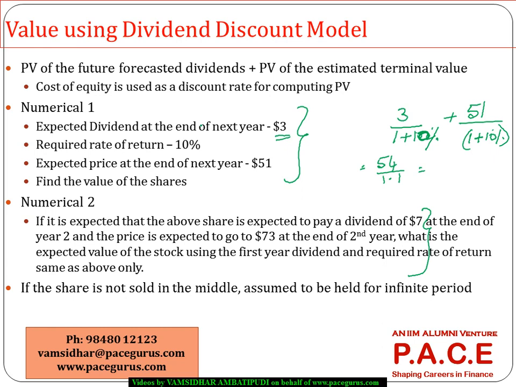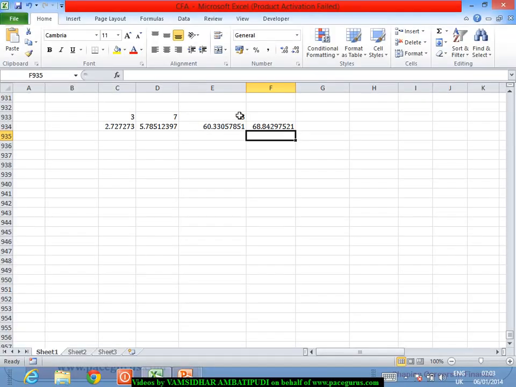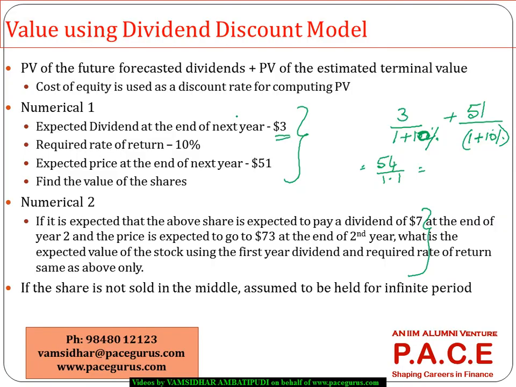And if the share is not sold in the middle, so this number will not be there, which means forever I have to forecast the dividends. If I am not selling off the shares, forever I have to think of the dividend and discount all those dividends to the present value. As simple as that, nothing more than that, right?